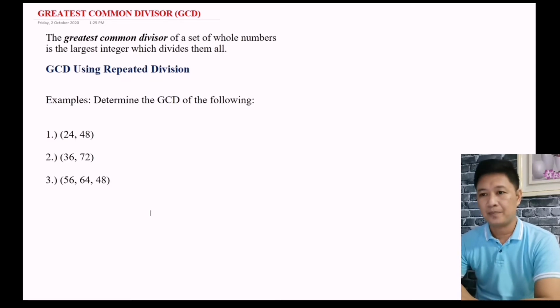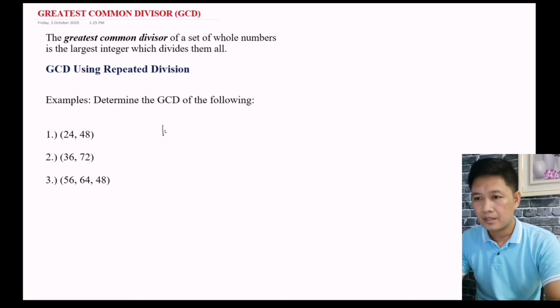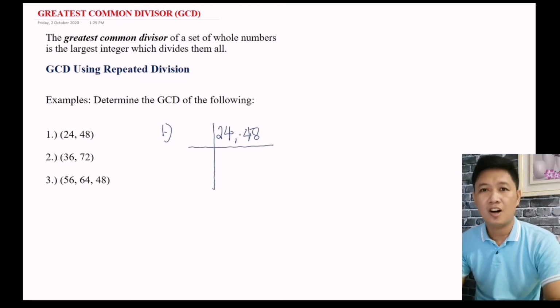So, umpisahan na natin para mas lubusan natin maintindihan ang ating mga sinasabi about sa greatest common divisor. Number 1, that is 24 and 48. Using the repeated division, i-divide natin itong mga to using their common factor, prime factors.